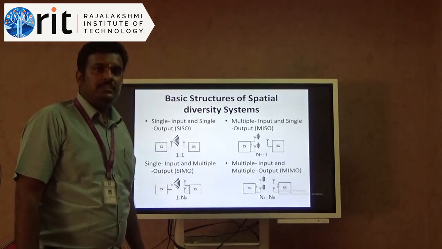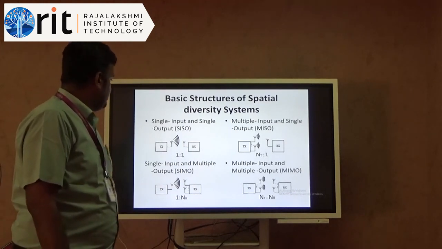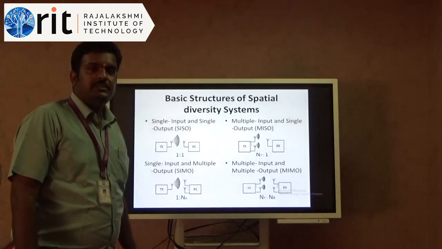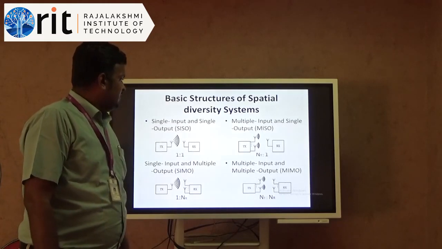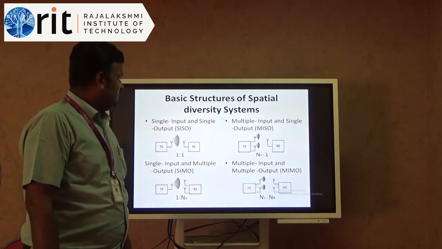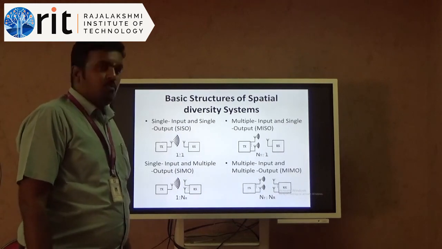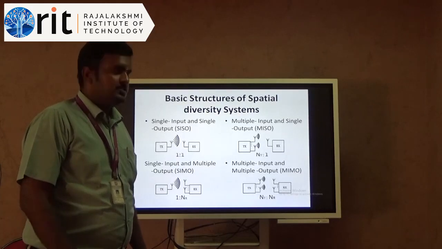It is an NT:1 correspondence. The third type is the single input multiple output SIMO model, with a 1:NR correspondence, which means it has only one transmit antenna and NR receive antennas. The fourth case is multiple input multiple output systems, in which we have more than one antenna at the transmitter as well as the receiver. So the correspondence is NT:NR.